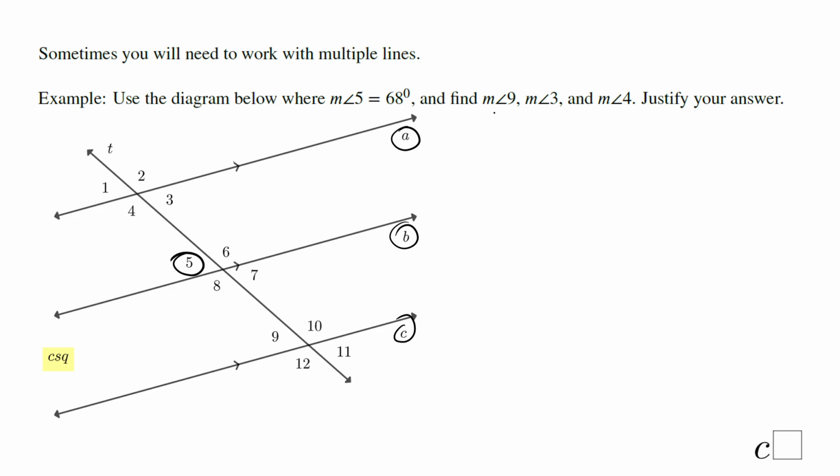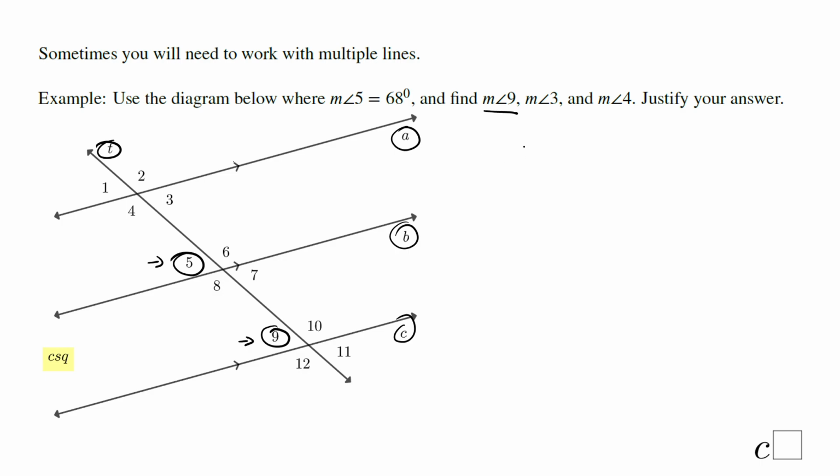Let's take a look at the first one, the measure of angle 9. 9 is right here. Looking at 5 and 9, I can see the transversal is this T, and they are on one side of that transversal. But be careful, angle 5 is an exterior angle if we look just at B and C, because those are the two lines I'm looking at, so ignore A at this moment. And 9 is an interior angle, but they're on the same side.